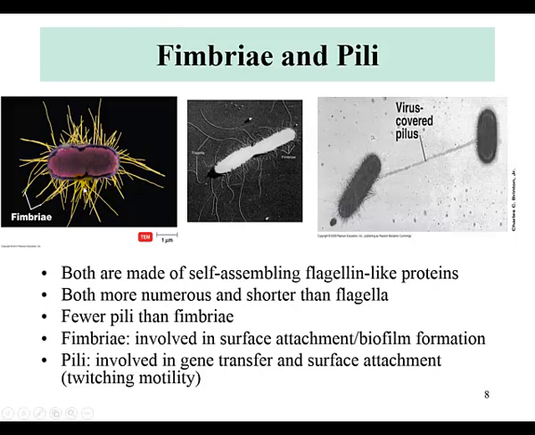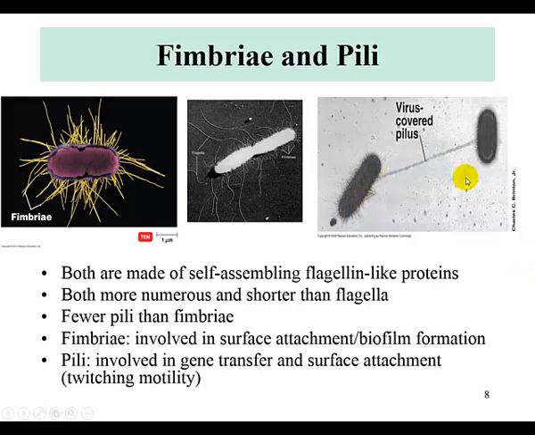They have a tendency to adhere to each other and to surfaces. As a result, they're often involved in forming biofilms. Fimbriae can also help bacteria to adhere to epithelial surfaces in the body, which then helps the pathogen to colonize the host and establish infection. So they play a role in pathogenesis.